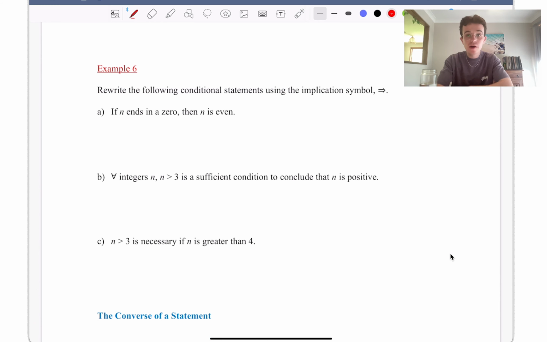Example 6, rewrite the following conditional statements using the implication symbol. If n ends in 0, then it is even. That would be that, using that symbol there. If n ends in 0, then n is even.